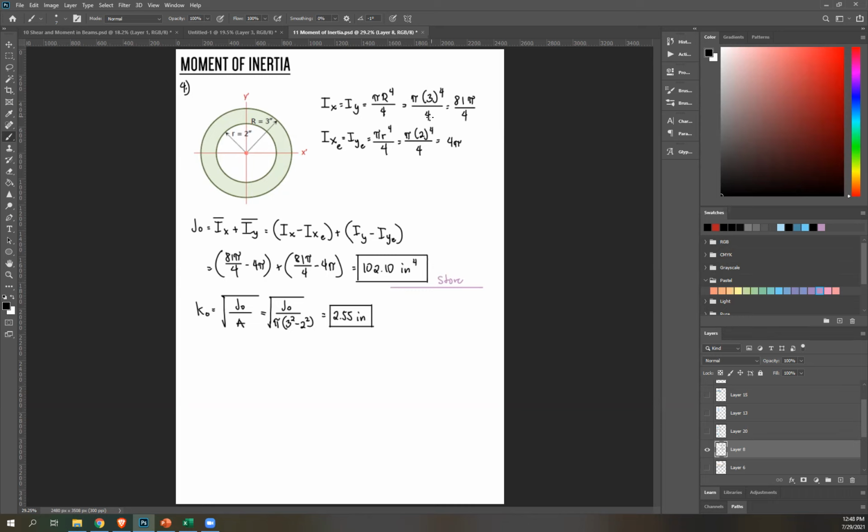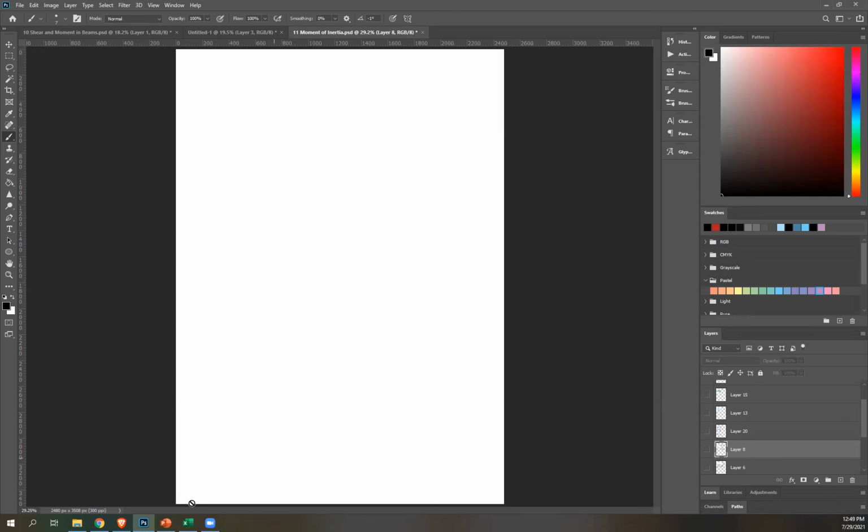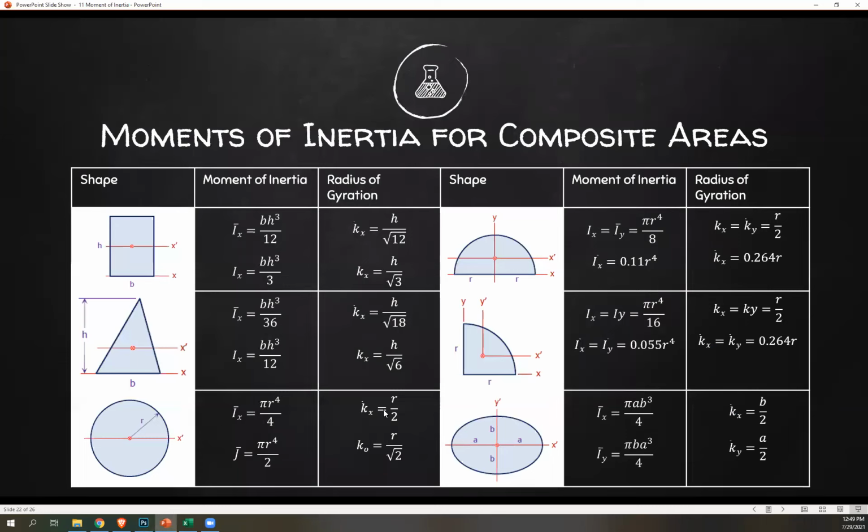This will become pi r raised to 4 over 2. Then radius of gyration is r over 2 about the centroidal axis, then r over square root of 2 about your pole O, or polar axis.